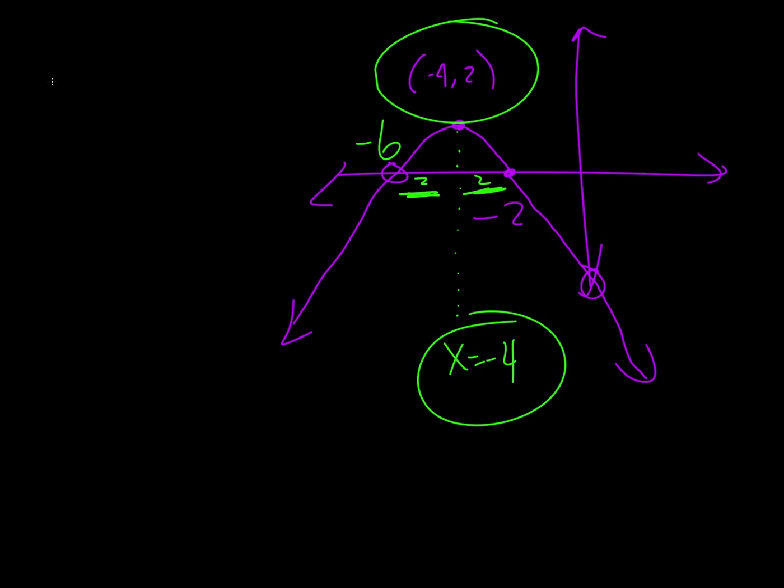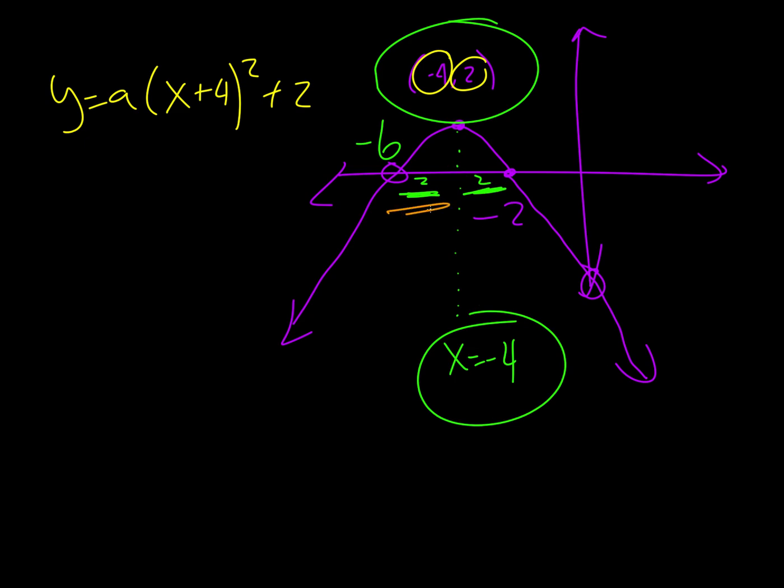So y equals a, once again, vertex form, x plus 4 and then plus 2. Once again, change the sign on the x, do not change the sign on the y. Okay, I didn't need to know that other x-intercept, but whatever.